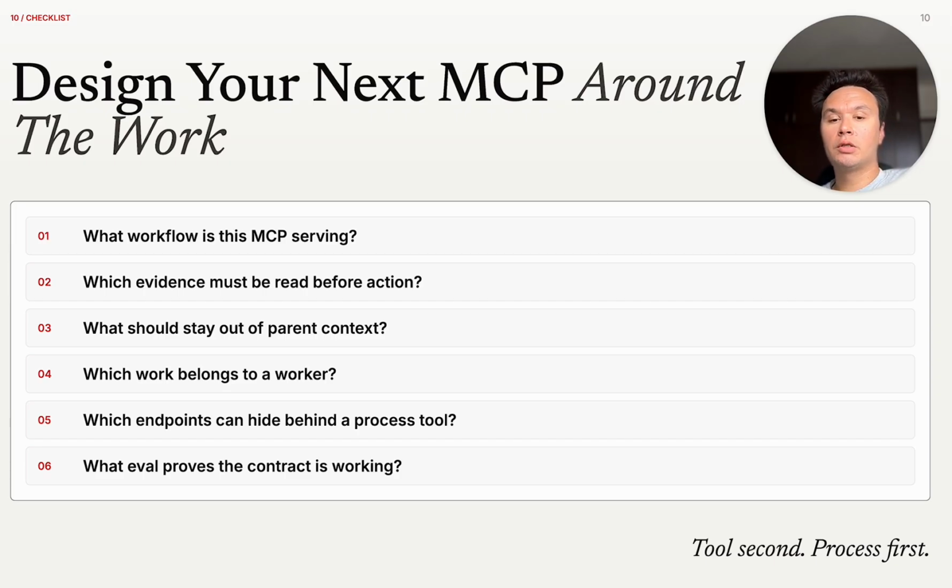What should be a process level tool? And of course, what eval proves that the contract is working? I think the mistake is treating MCP as a clean way to expose endpoints. The better version is to treat MCP as the boundary where your operational knowledge becomes executable. So tool is second and process is first.